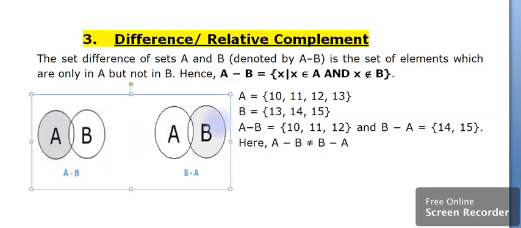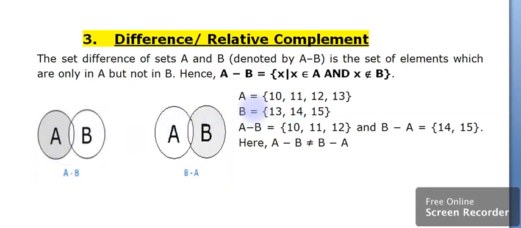Consider the same sets A and B. A consists of 10, 11, 12, 13. B consists of 13, 14 and 15. Now A minus B. You write everything in A but not the elements which are in B. I am subtracting the elements of B from A. So 10, write 10 here, 11, write 11 here, 12, write 12.